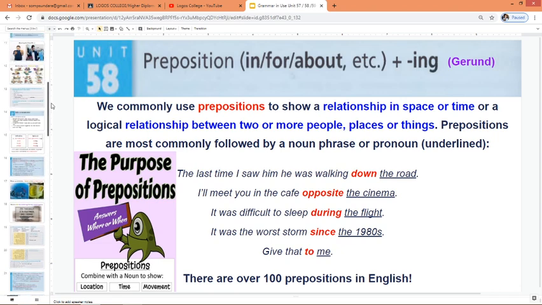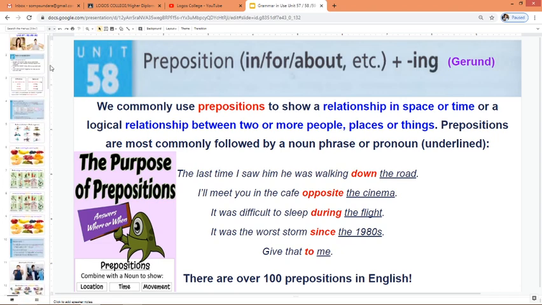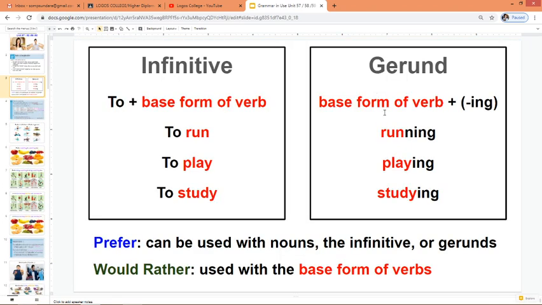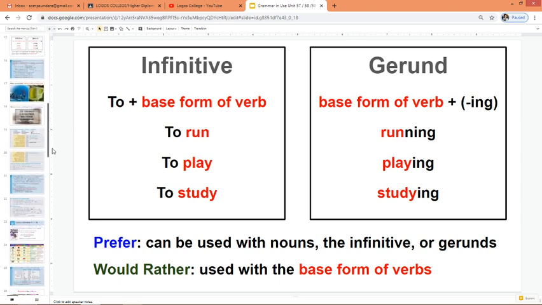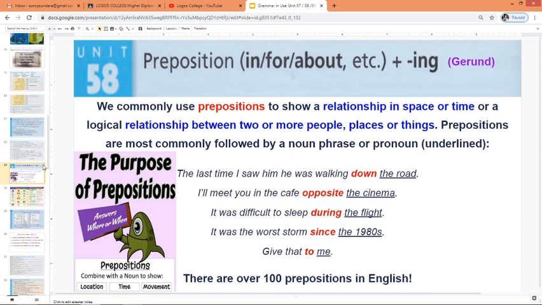Remember the previous unit? Gerund is the base form of the verb, and then ing. Run becomes running, play, playing, study, studying. So when a preposition is followed by a verb, you have to use the gerund.